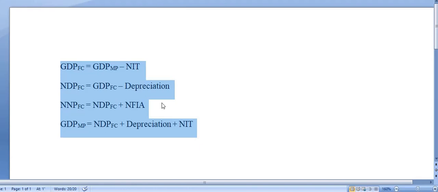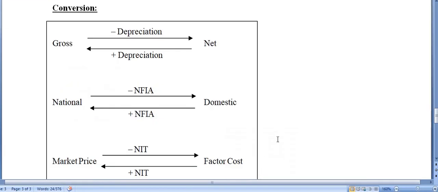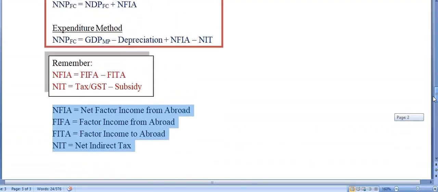Have I learned the formula? No, I haven't learned the formula. The basic formulas, that is the value added method, income method, and the expenditure method, those three formulas you need to learn. But what about these formulas? Should we learn these formulas also?